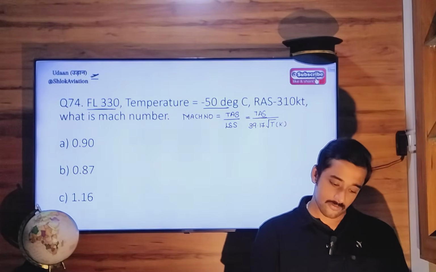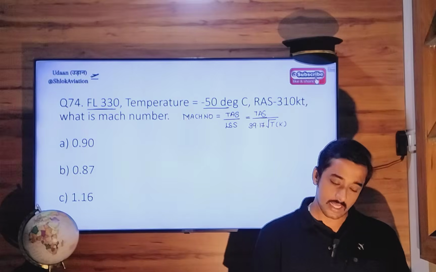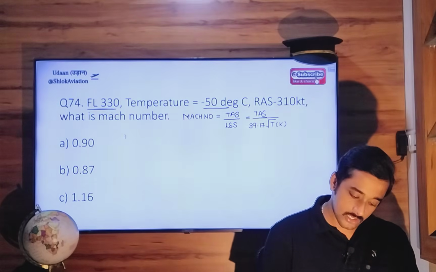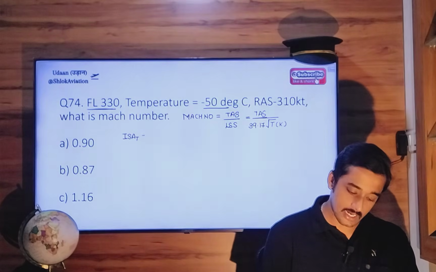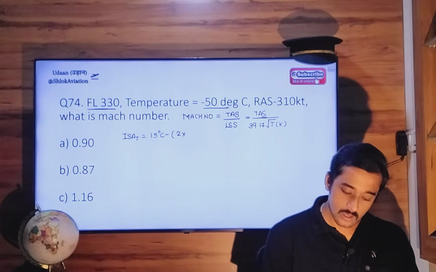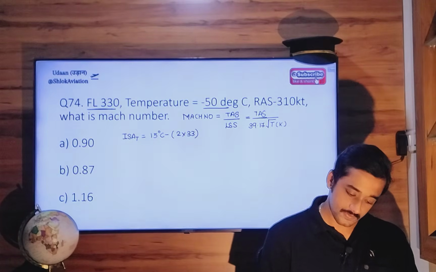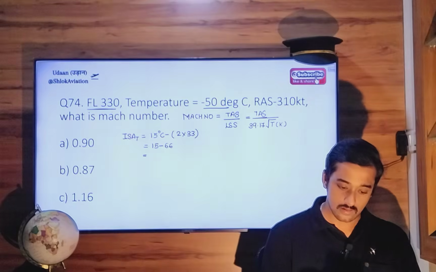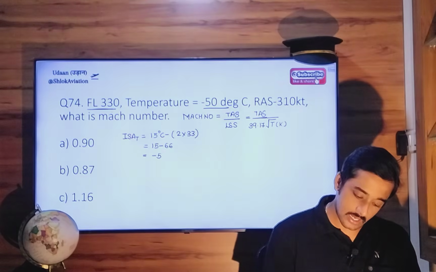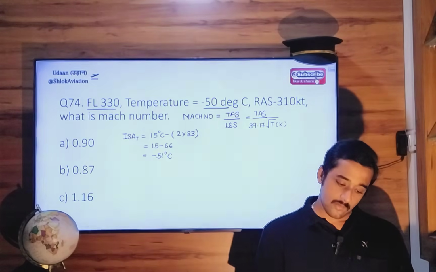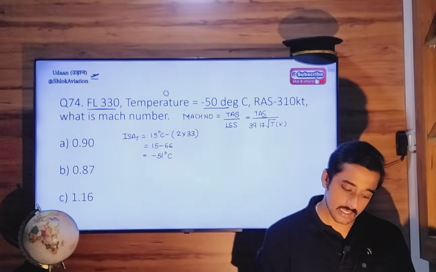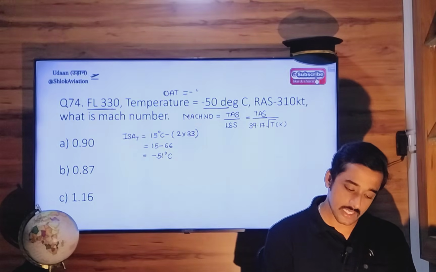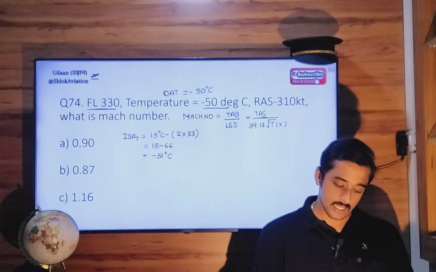Now we have flight level 330. ISA temperature at flight level 330 must be 15 degrees Celsius minus 2 into 33, so 15 minus 66 is minus 51 degrees Celsius. Outside air temperature given here, the current or ambient temperature, is minus 50 degrees Celsius.